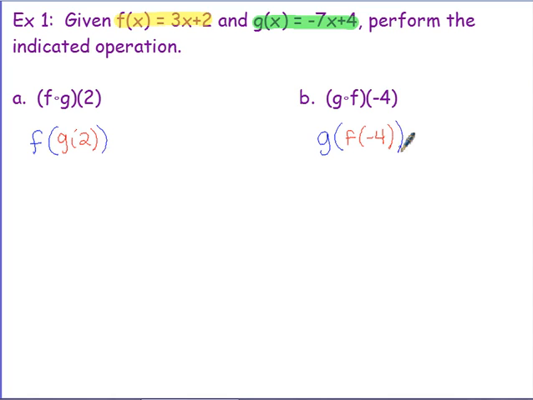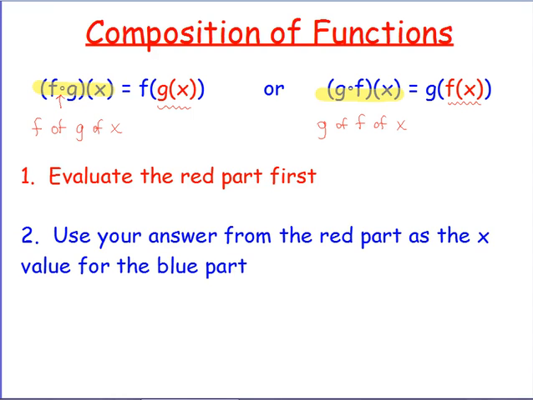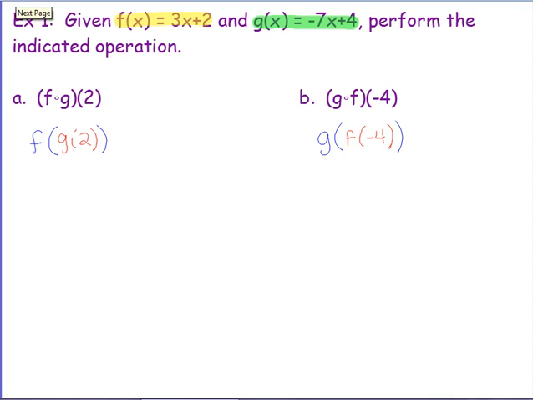As our instructions said, we are going to evaluate the red part first. So the first thing I am going to do on this problem is g of 2. Let's review what this means, because it's been a while since we've seen these. What this means is simply plug 2 in for x in the g equation.